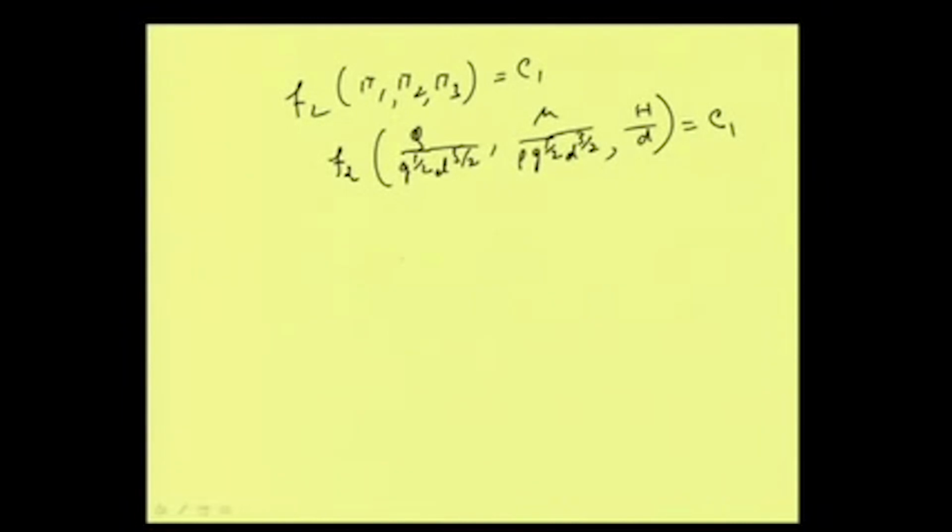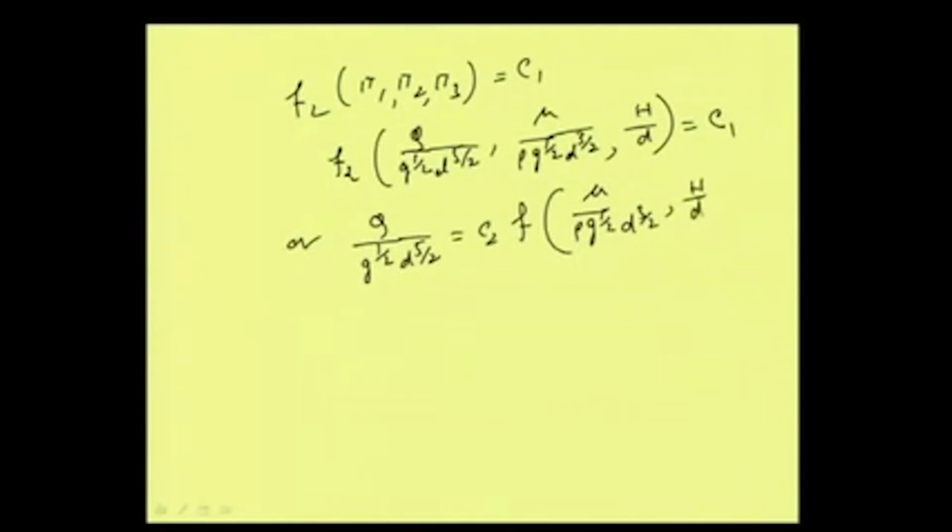Well, this can be written again in the form q by g to the power half d to the power 5 by 2 is equal to c2 times f of mu by rho g to the power half d to the power 3 by 2, and h by d.